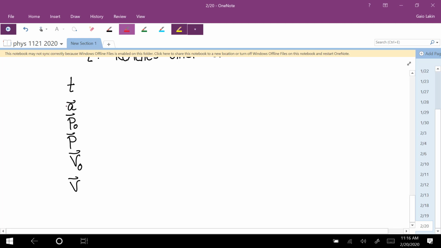We don't know t. We know that the acceleration is 0. We know that the initial position is 0. We know that the y position at time t is positive 0.15 miles, and we're trying to find the x position.